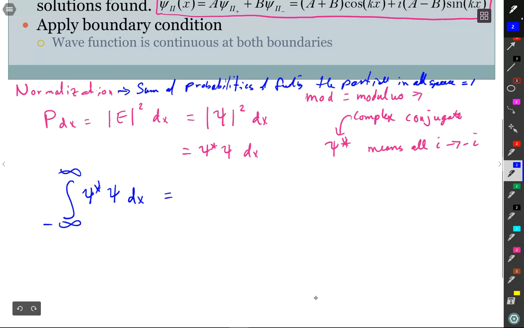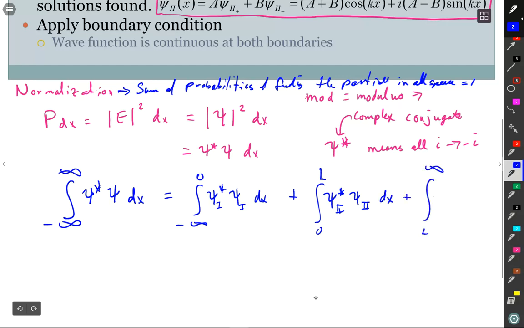Now, in this case, I had 3 regions, so integral from minus infinity to 0 of psi 1 star psi 1 dx, plus the integral from 0 to L of psi 2 star psi 2 dx, plus the integral from L to infinity of psi 3 star psi 3 dx. That's my normalization integral, and what does that have to equal? 1.